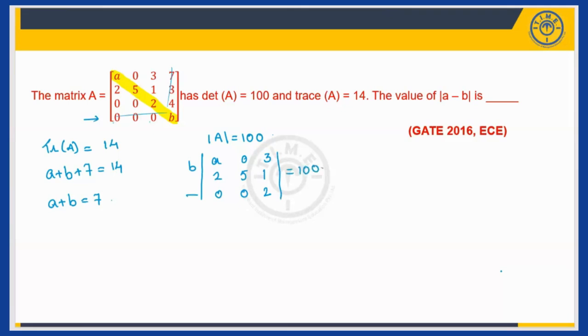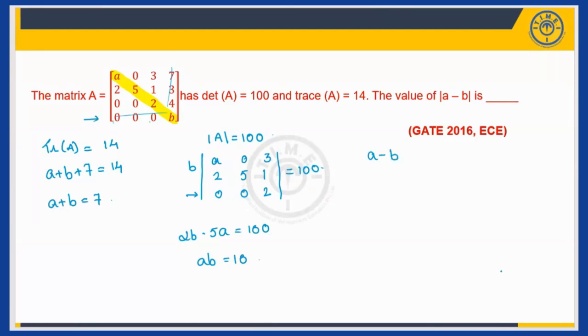And again, I'll expand according to the last row. So that is 2b times 5a is equal to 100. Then ab is equal to how much? 10. Now I want modulus of a minus b.